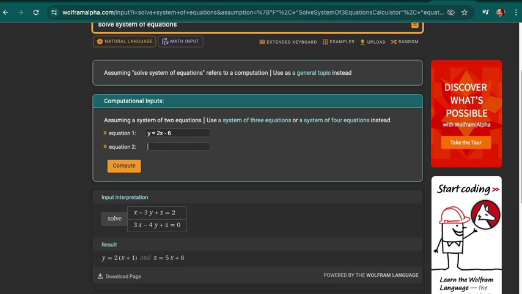I'm just typing it in as I saw it in the problem that was given. So the first equation is y equals 2x minus 6, and the second equation is y equals 8 minus 3x.